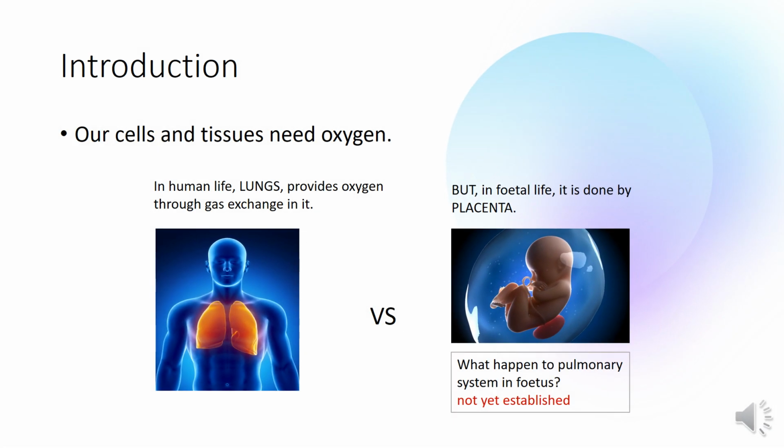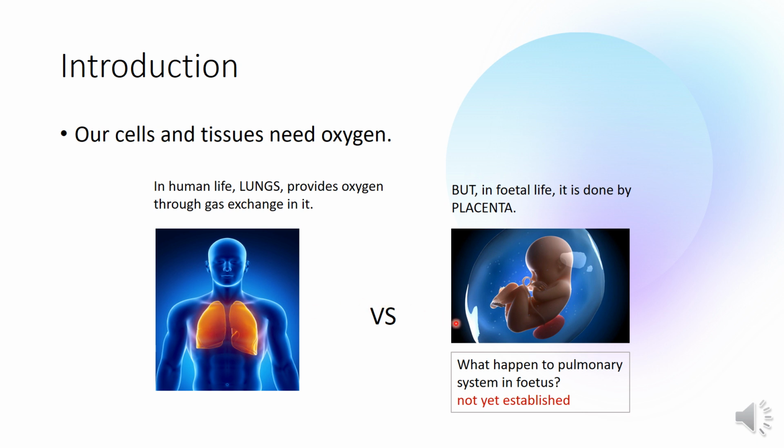Before we go into the fetal circulation itself, firstly we need to know what is actually the difference between the circulation that exists in postnatal or human life versus in fetal life. In human or postnatally, lungs are the organ that provides oxygen to the circulation through gas exchange in it.